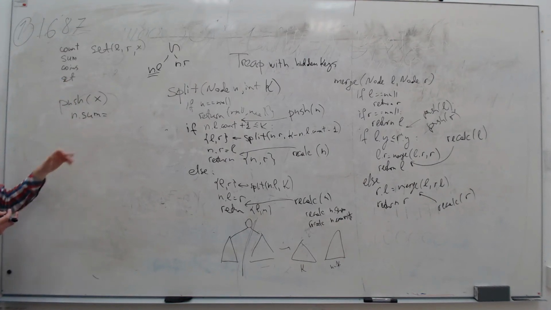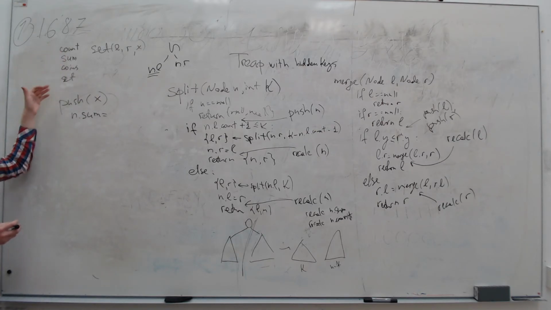So what will the sum be equal to? So you have count and set. Count is okay. Sum is the sum of what one person has, and the count that everyone has in this subtree.